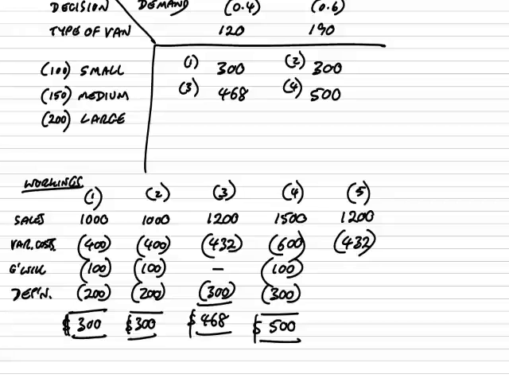We've no lost goodwill. We can sell all 120, but we've got depreciation, which for the large van is 400. What does that give us? A profit of 368.